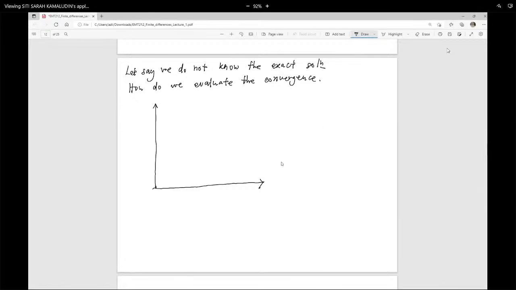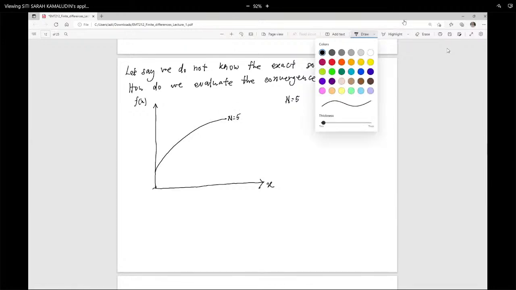Let's continue. So this is fx and this is x. Right, let's see. At first, we use n is equal to 5. And our solutions become like this. This is for n equal to 5.